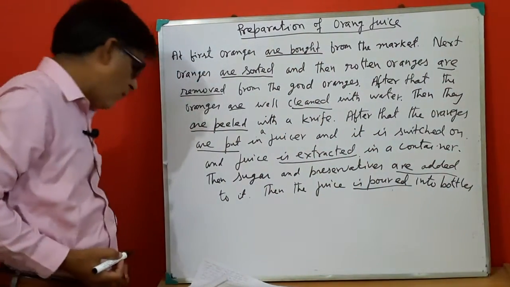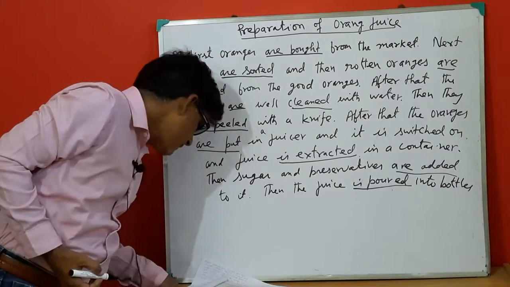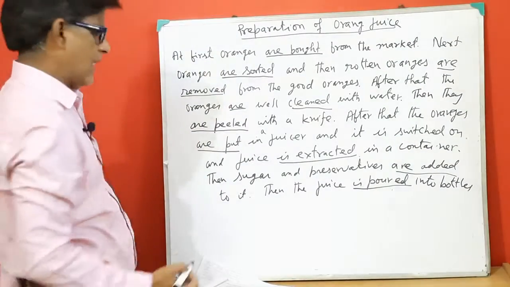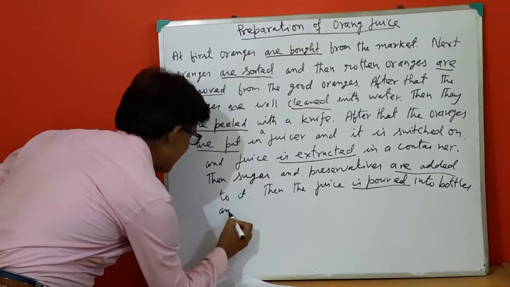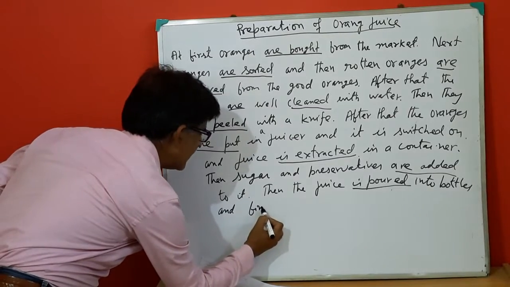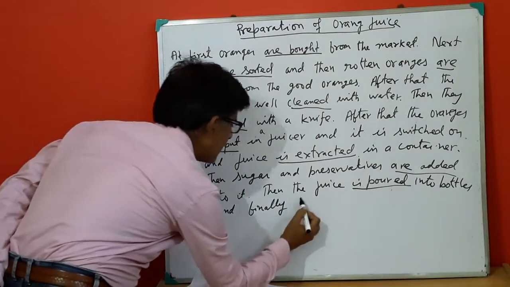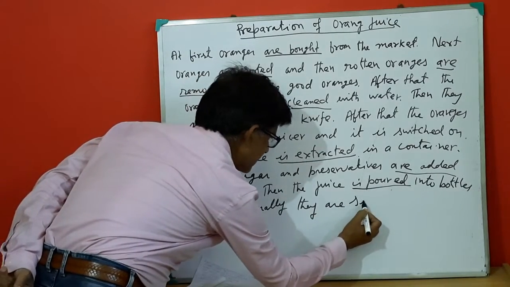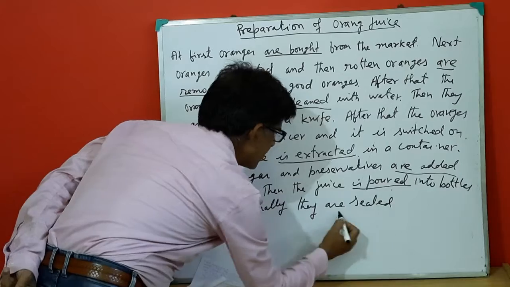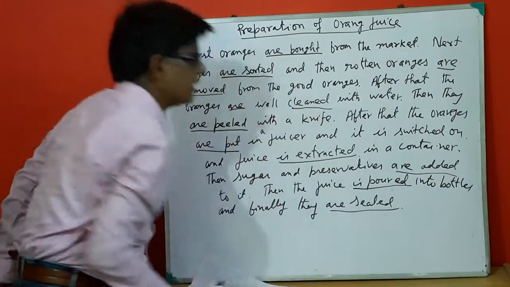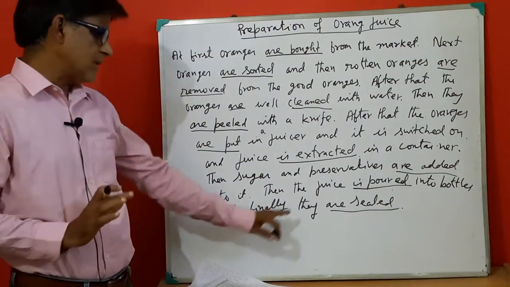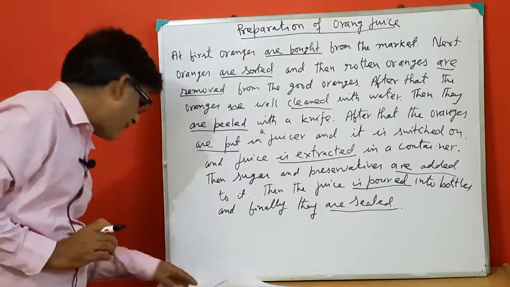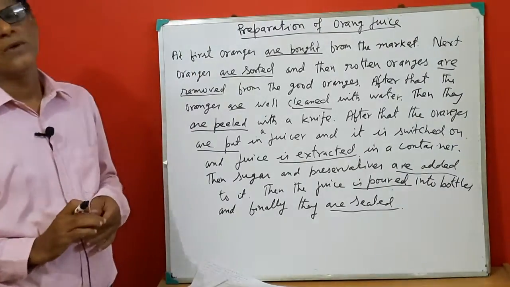Then the juice is poured into bottles. And finally they are sealed. That means bottles are finally sealed. And our last point is ready to be sold.